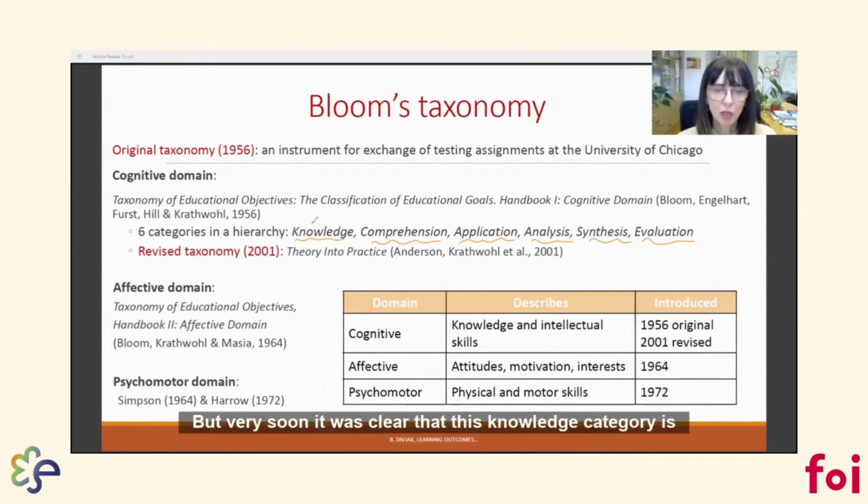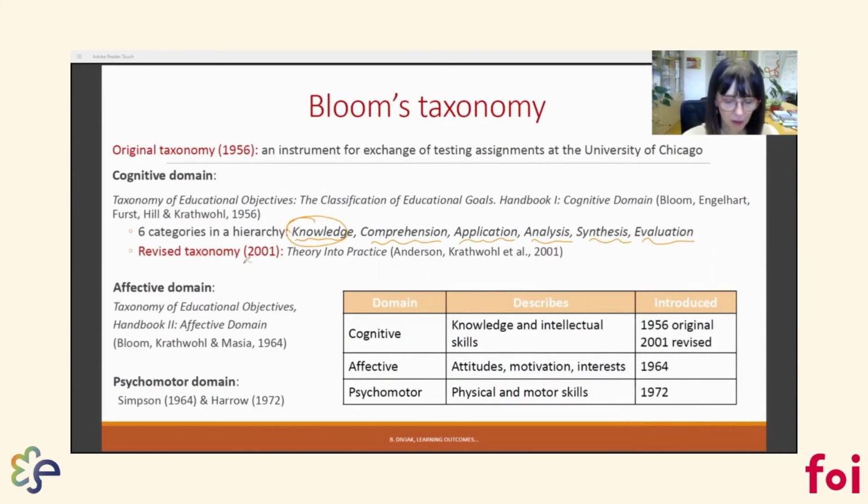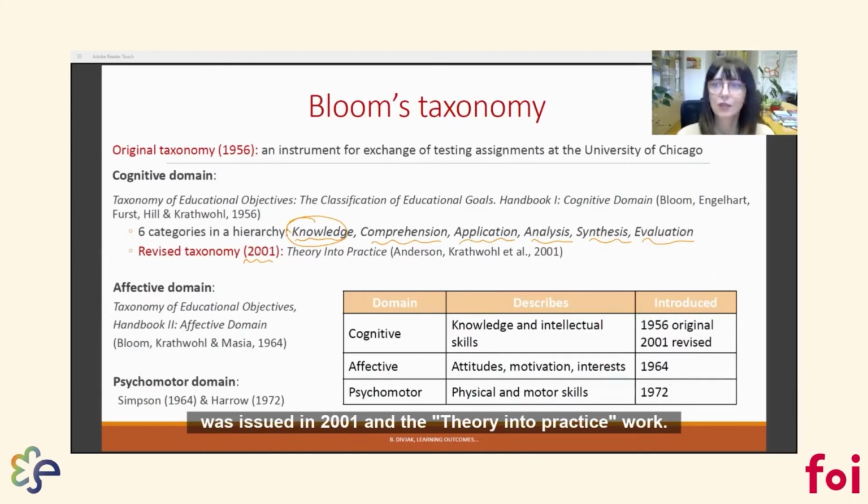But very soon it was clear that the knowledge category is difficult to define, and that to understand knowledge, it should be divided into different dimensions. It took time, and then a revised taxonomy appeared, issued in 2001, in the work Theory into Practice.